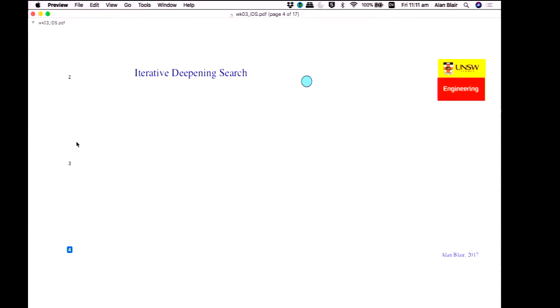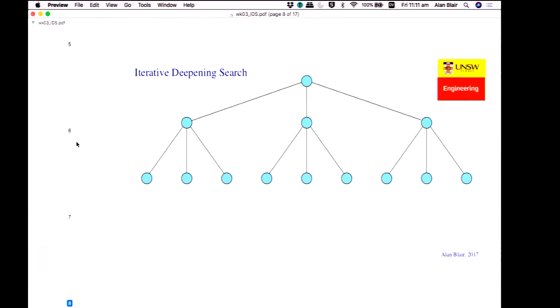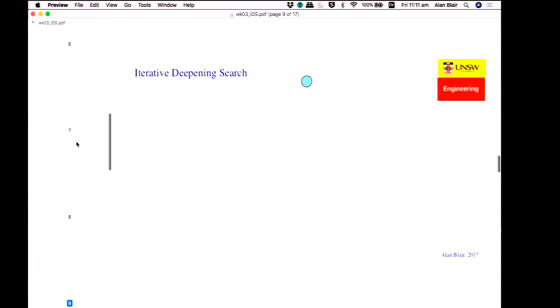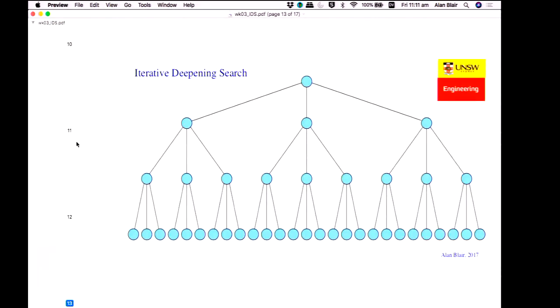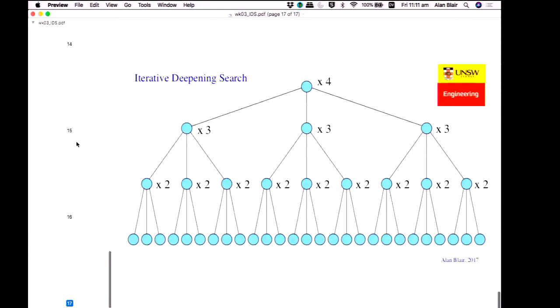If I don't find the goal, then I start again and do a search to depth 2 using depth first search. If I still don't find the goal, I start again and go to depth 3. I keep going, to depth 4, then 5, then 6. This is called iterative deepening search.